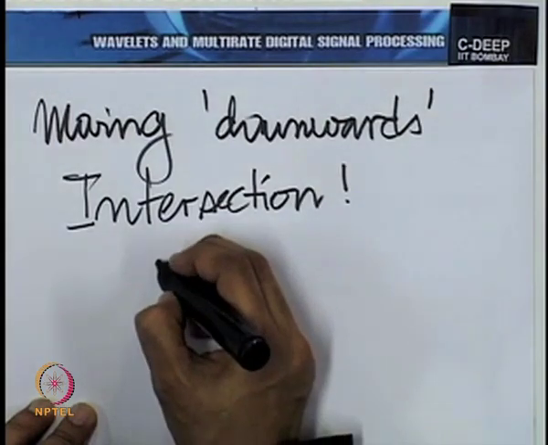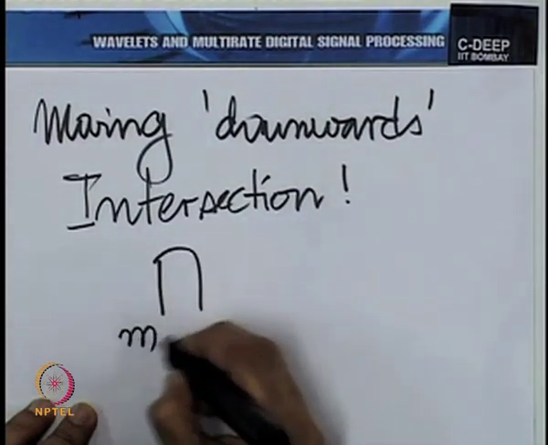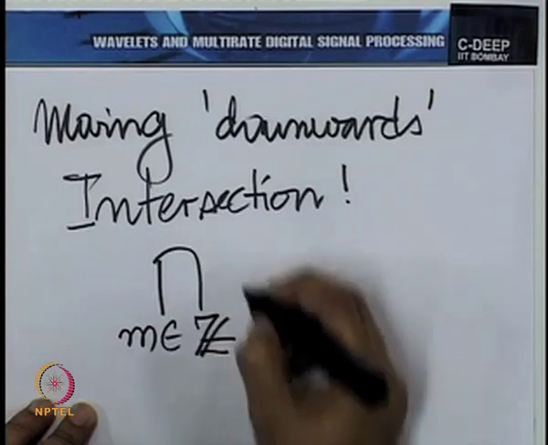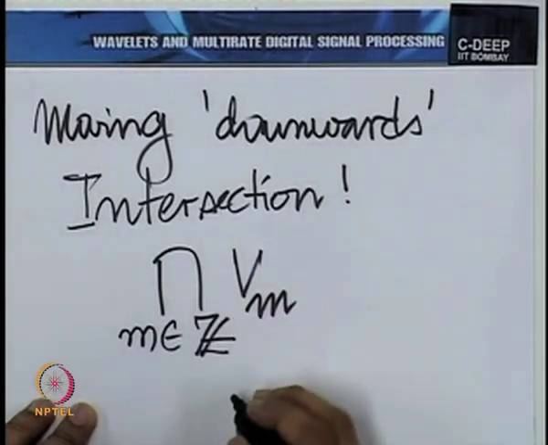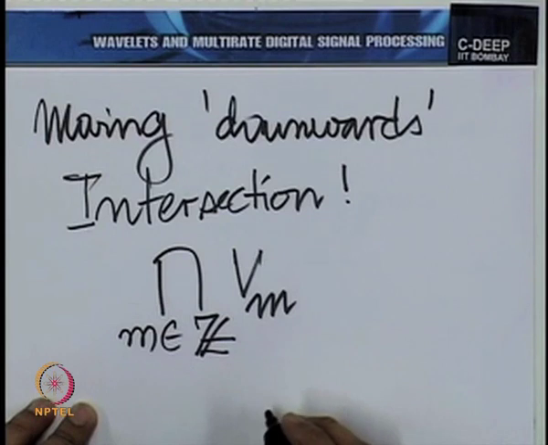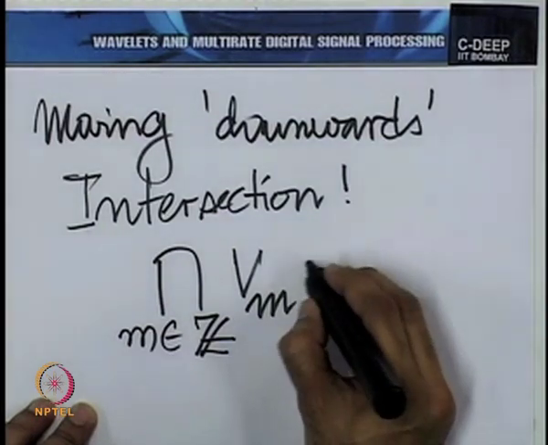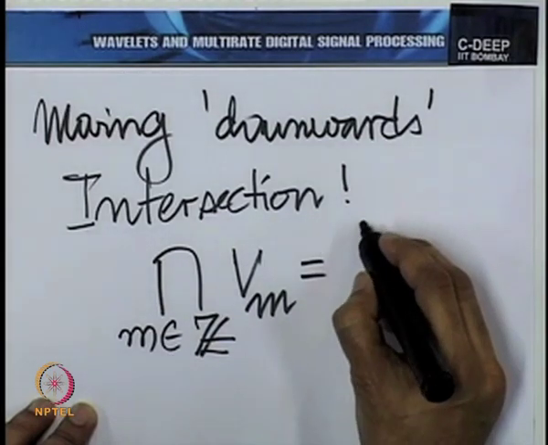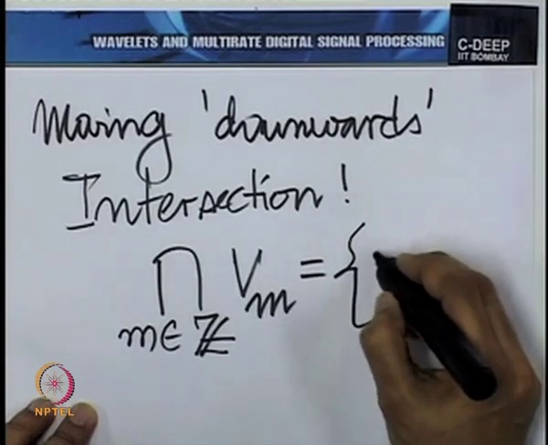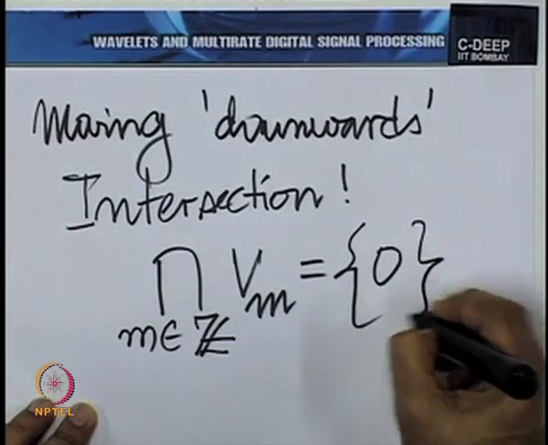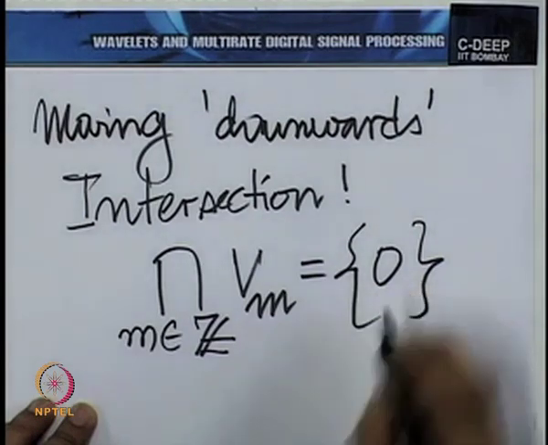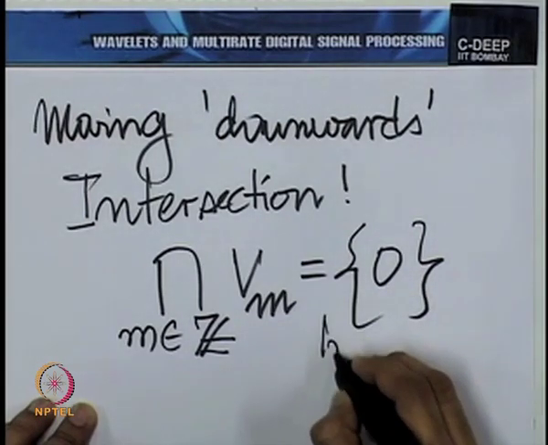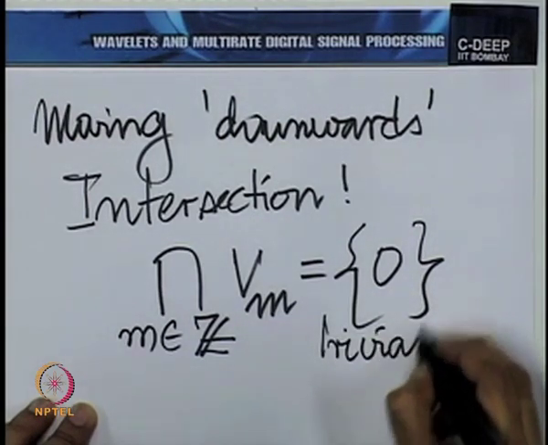So, if you take an intersection over all m belonging to Z of V_m, there I do not need to worry about closure or anything of that kind. I can simply put down, this is a trivial subspace, essentially the subspace of L2(R) with only the 0 function included. This is called a trivial subspace.